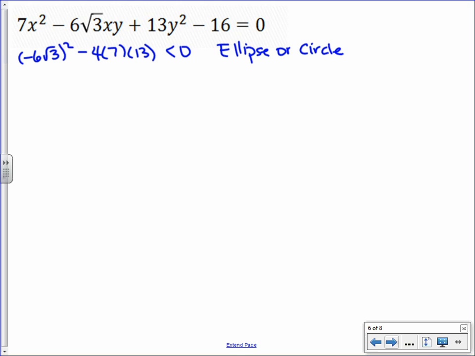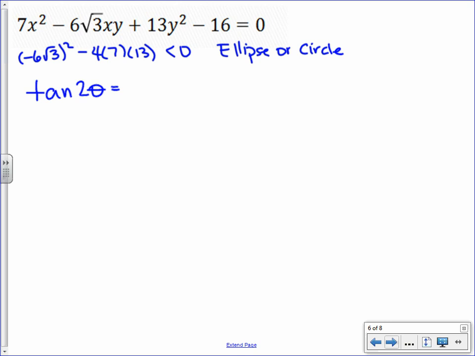Now we need our angle. Do you prefer to use cotangent or tangent? Tangent. So the tangent of 2 theta is, what did we say?